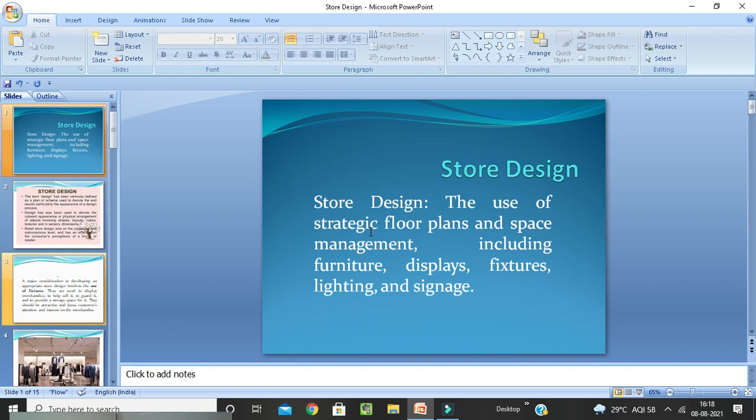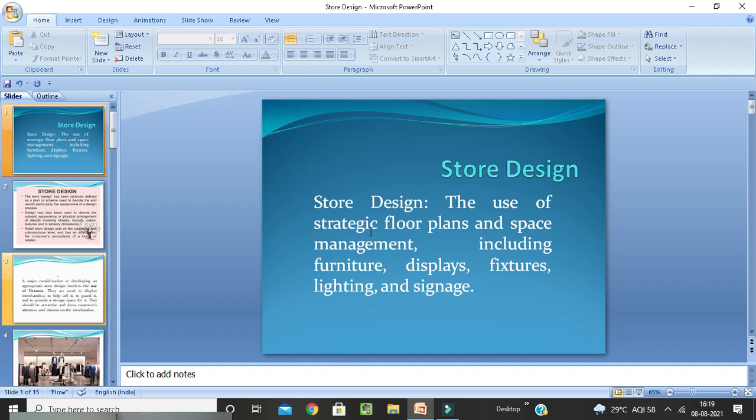So store design consists of the use of strategic floor plans. A plan will be there for what things should be kept in front and what should be kept in a high position, in different directions at different places, with different designs, different colors, different smells, and different lighting for attracting the customer.